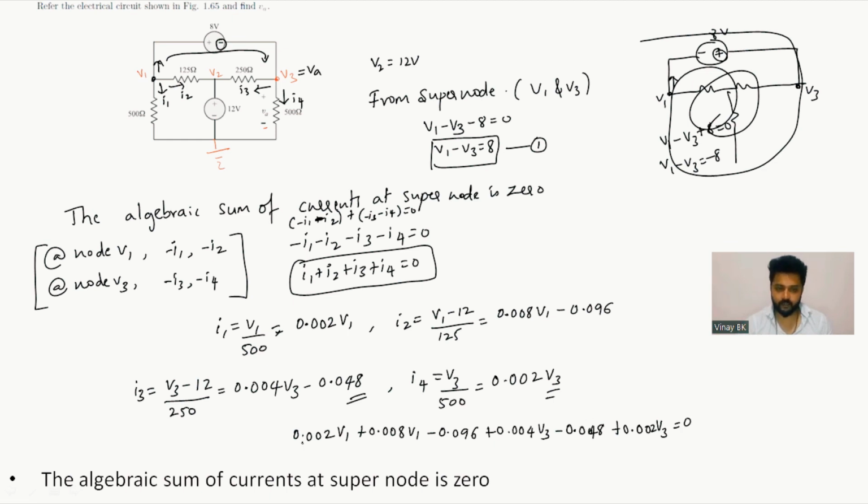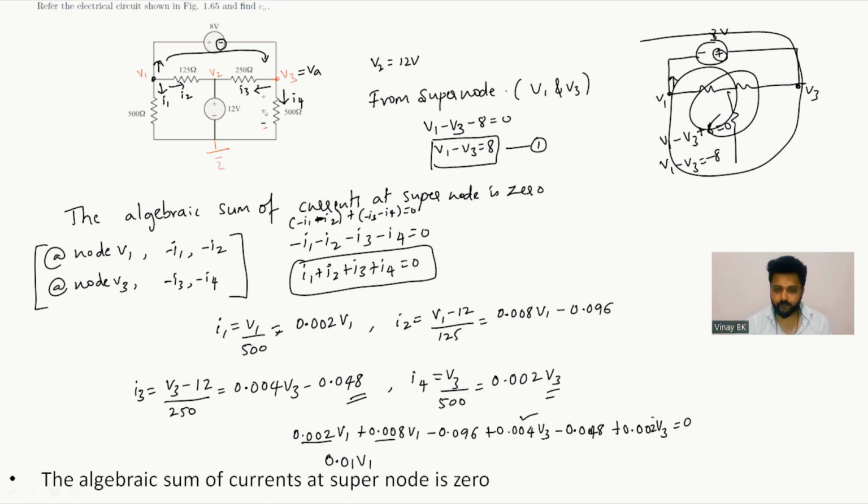So the V1 terms we can observe: 0.002 plus 0.008, nothing but 0.01 V1. V2 is not there; V2 is nothing but 12, you already know.